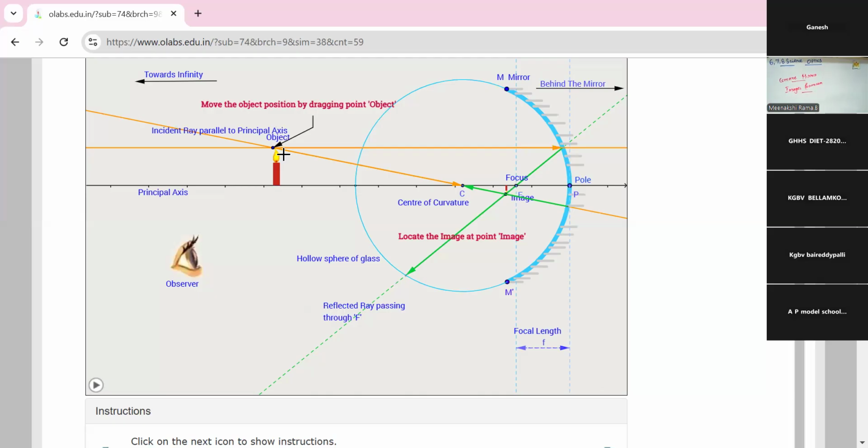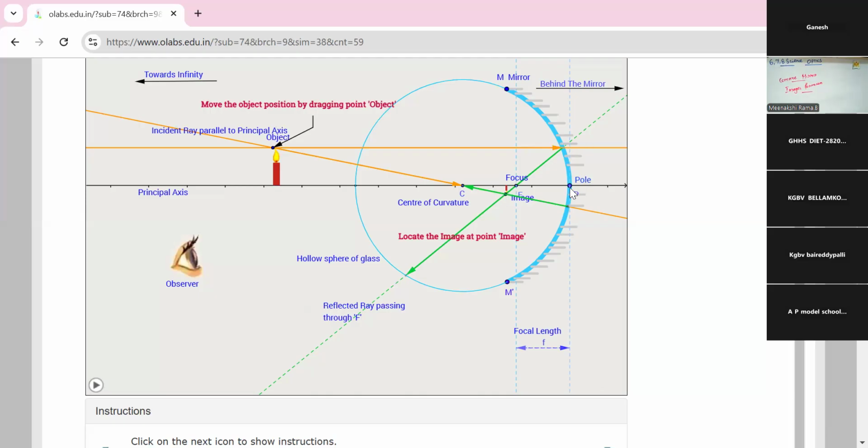A concave mirror is a spherical mirror, where light is reflected from a surface in a bent area. Next is the pole. This is the pole point.